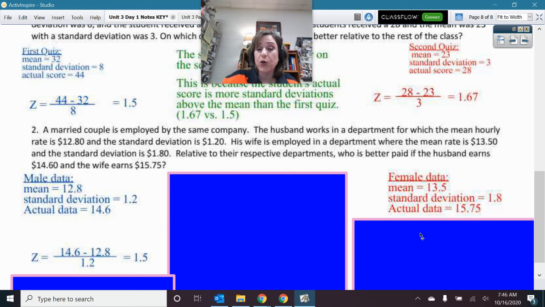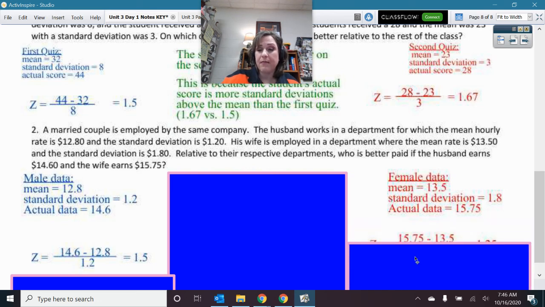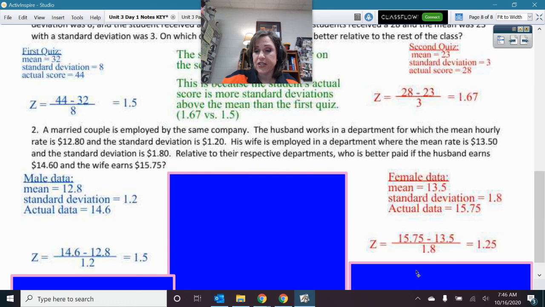However, relative to her peers, let's see where she's located in her department. X minus the mean over the standard deviation. She's 1.25 standard deviations above the average peer in her department.